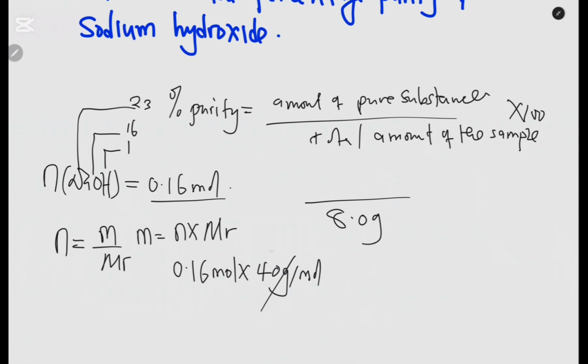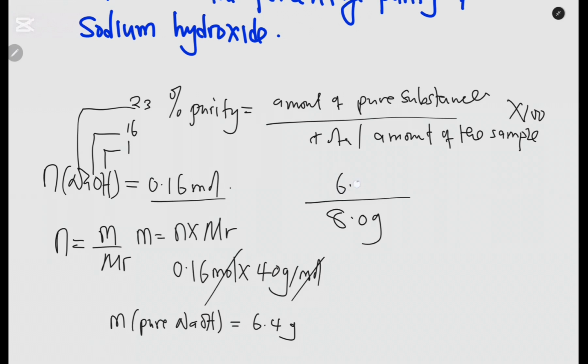So in this case, if you multiply, what are you going to have? 40 multiplied by 0.16. Here I'm getting 6.4. So mass of pure sodium hydroxide is equal to 6.4 gram.